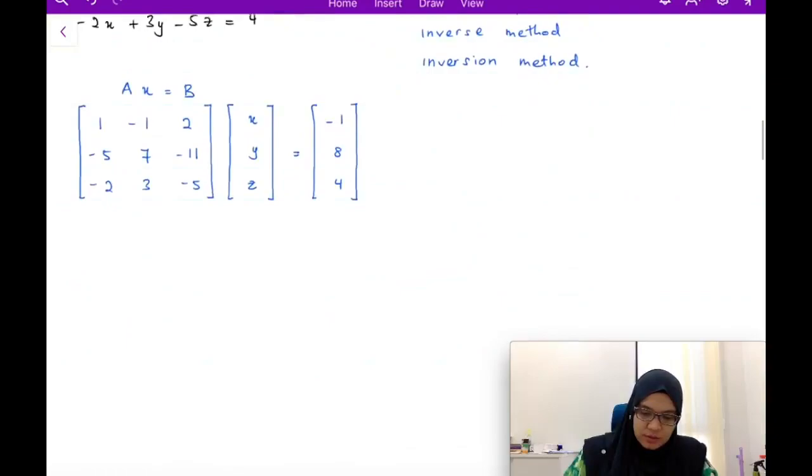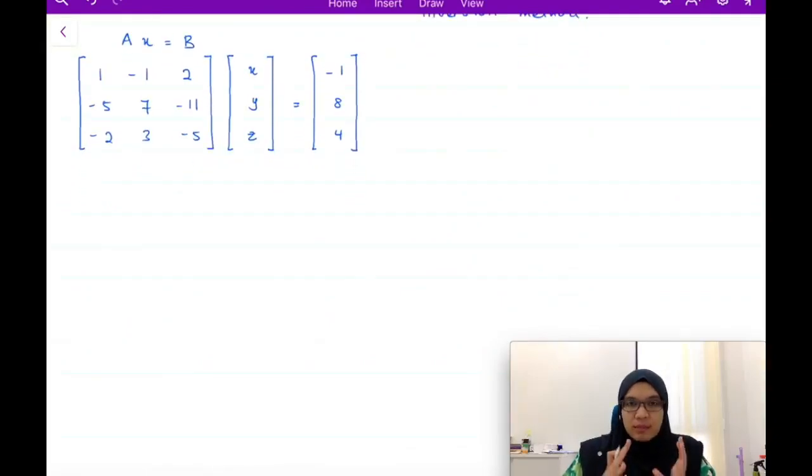In this module, we focus on finding A inverse using elementary row operations.